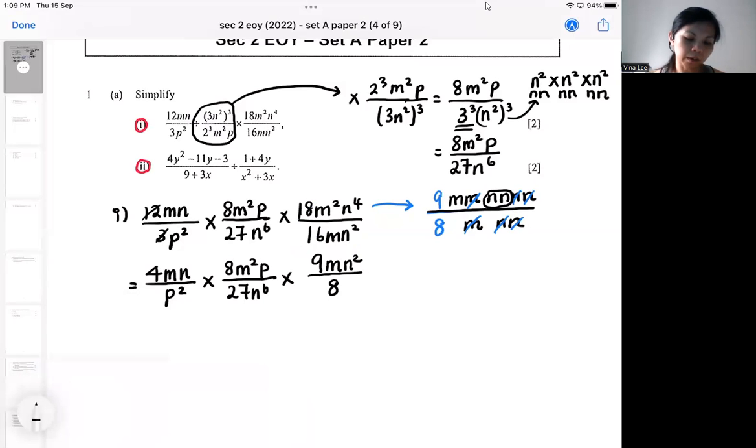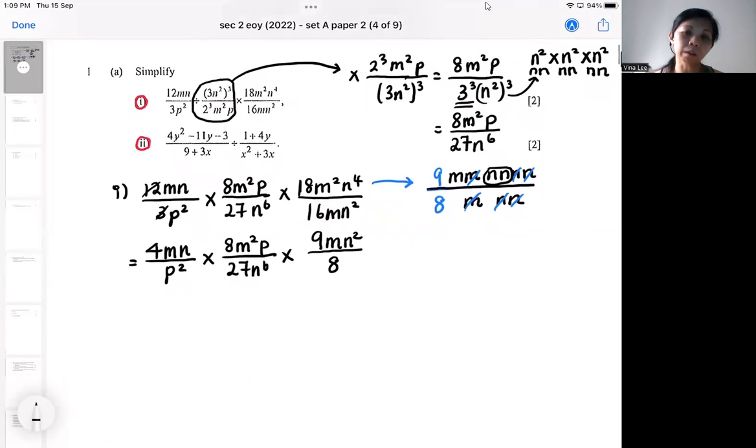So if I realize each of the fractions cannot be simplified, then I'm going to multiply the top and the bottom. So you should also be very organized in multiplying the top. So when I multiply the top, I will gather all the numbers first. So 4 times 8 times 9.